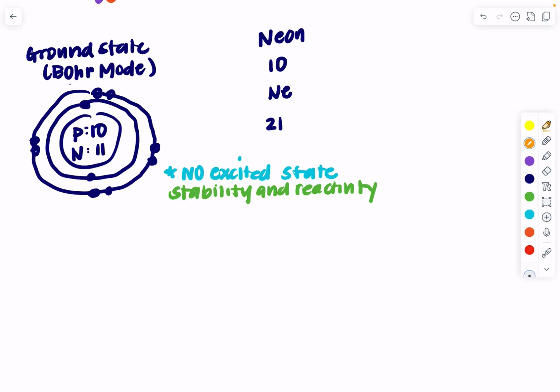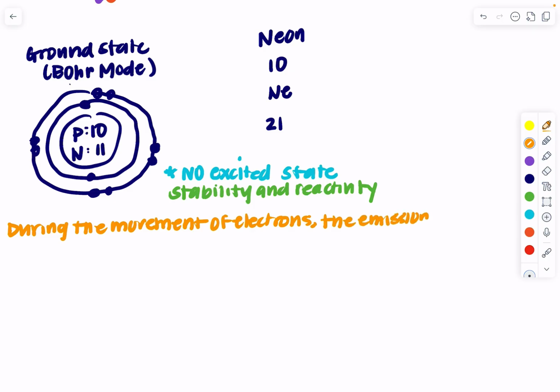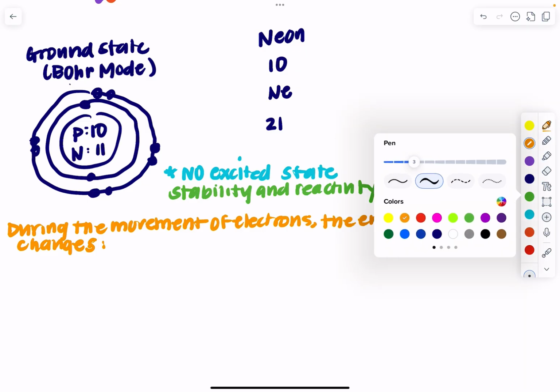Last couple of things before we talk about atomic orbitals: during the movement of electrons, the emission of light changes. So basically, it depends on how much energy is released.